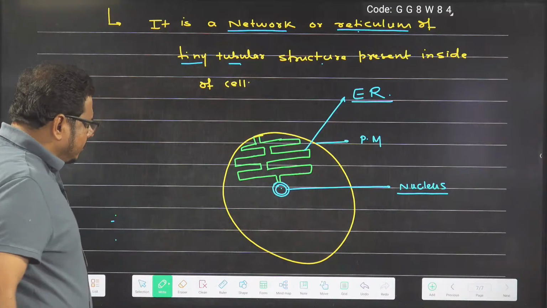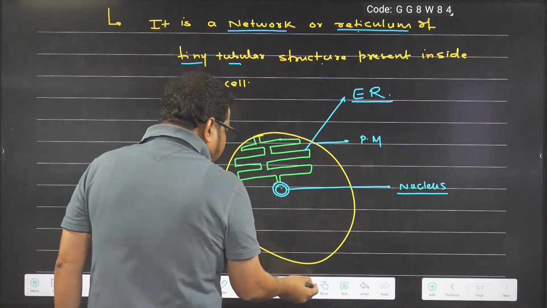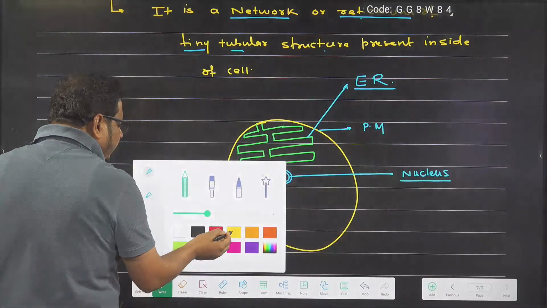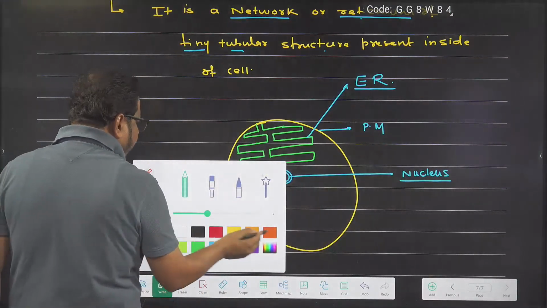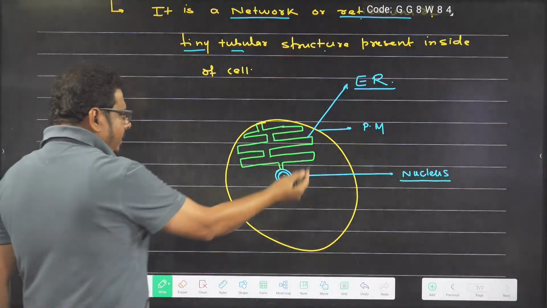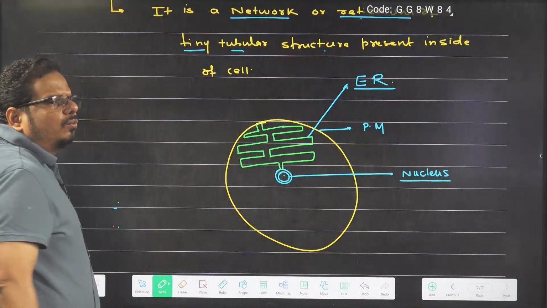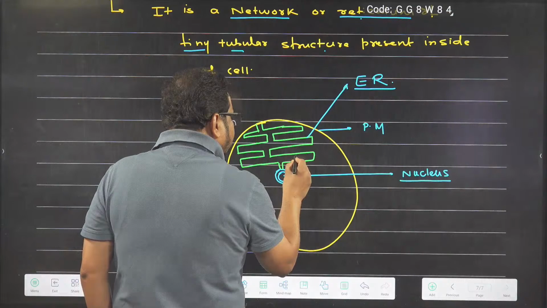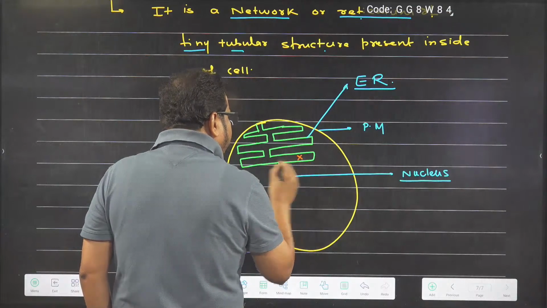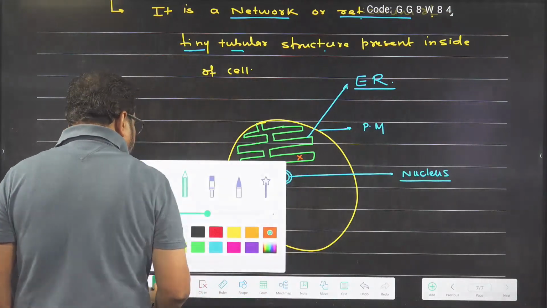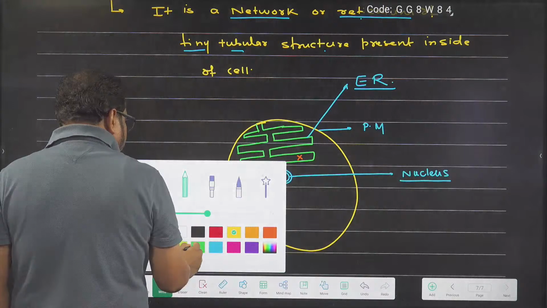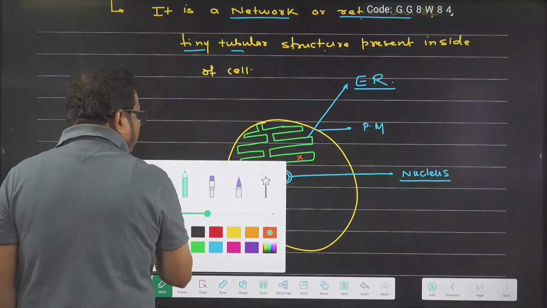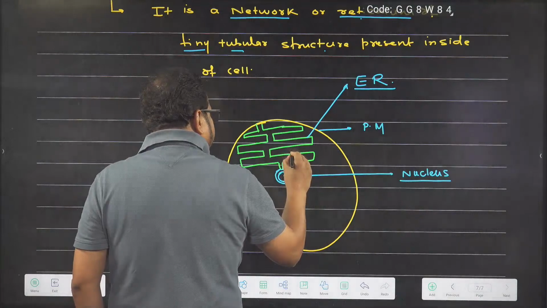Now you just see this network of tiny tubular structure dividing the cell's internal component into two parts. One part is this, which I symbolize with a cross, and another part I am putting a tick mark.